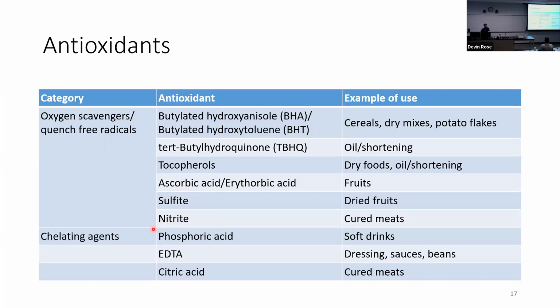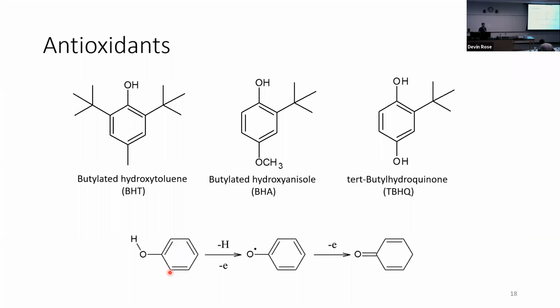And then we have products that are not really antioxidants, but they prevent oxidation by chelating metals. So phosphates, certainly EDTA, and then citric acid with all of its carboxylic acid groups, chelating metals. These are pictures of the synthetic antioxidants. You see they're all quite similar, but they are phenolic antioxidants.